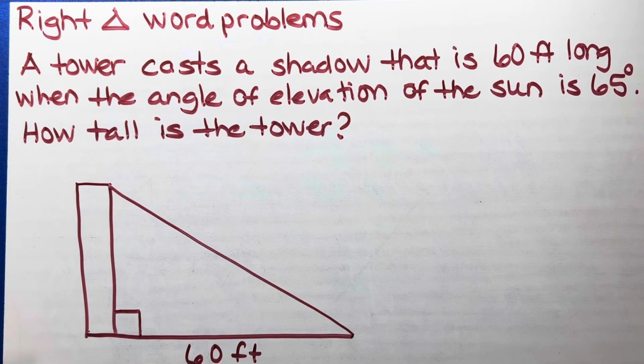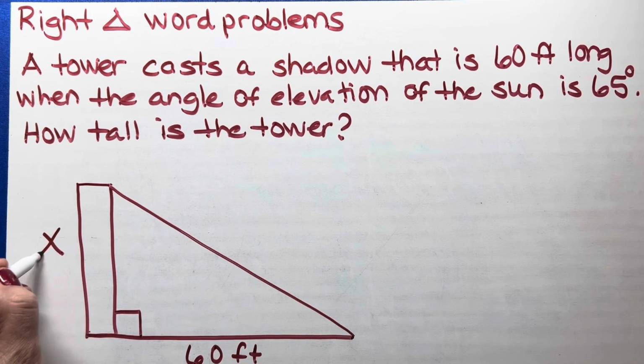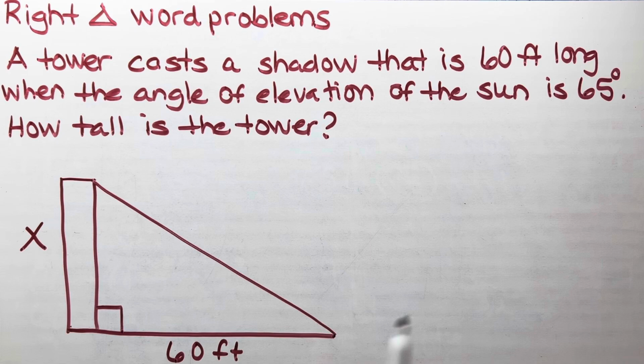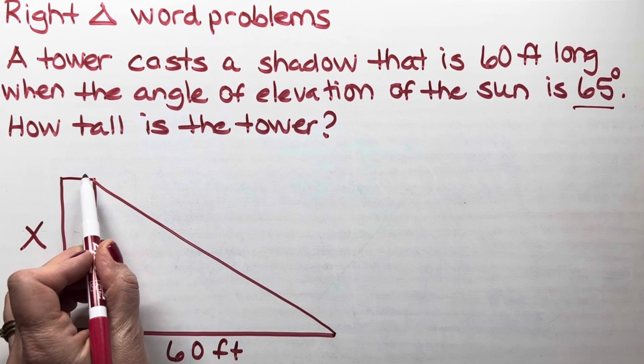So it says to find how tall the tower is. That means my variable is going to go over here. And I have one other value, the 65 degrees. The angle of elevation to the sun means that you're standing here at the very end of the shadow, looking up towards the sun.